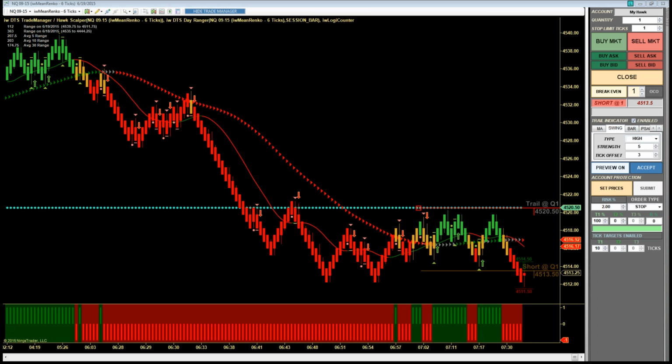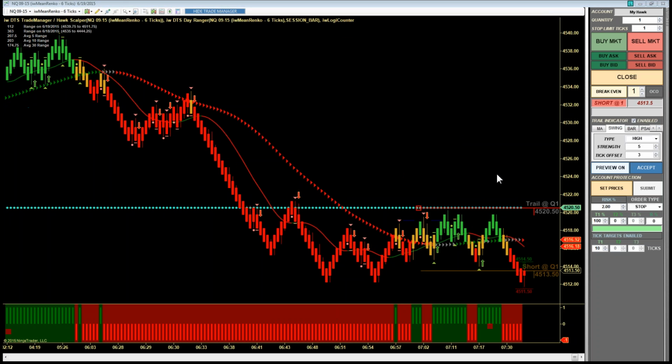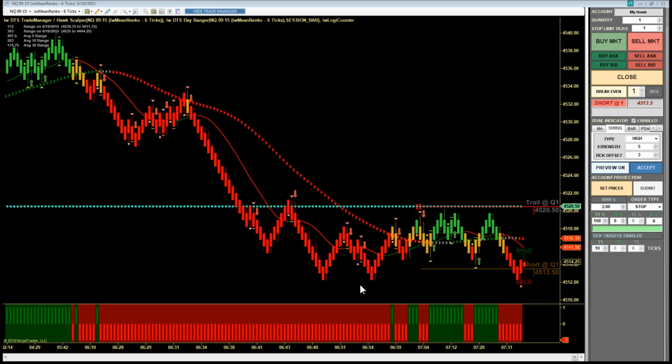Hooray! Crude oil slipped low enough to find our profit objective here on the Falcon trade. And now we're running into this support down here.